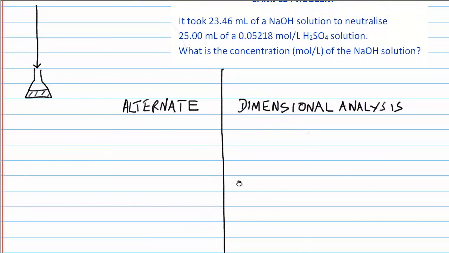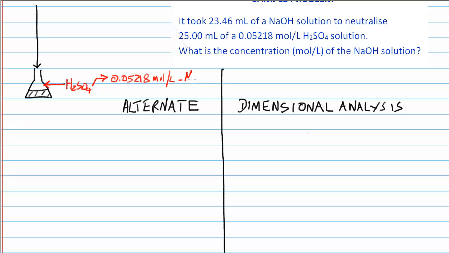So looking at this diagram here, as we try to get a clearer picture of what's happening in this titration. Here we have the sulfuric acid in the Erlenmeyer flask, and the concentration of the sulfuric acid is given as 0.05218 moles per liter.